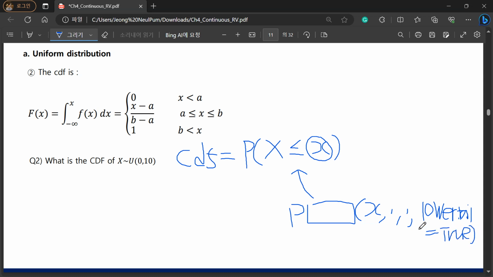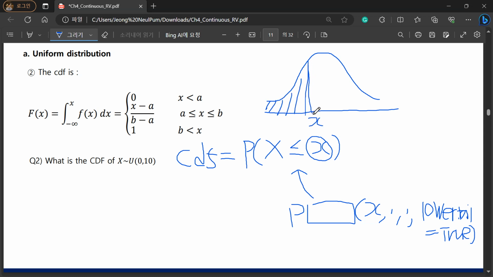As I already explained last week, the lower tail option's default value is always true, so you don't have to mention the lower tail option even if you are dealing with a CDF value. The lower tail option has to be true when you are dealing with a CDF value, because the meaning of the CDF value in the graph is this.